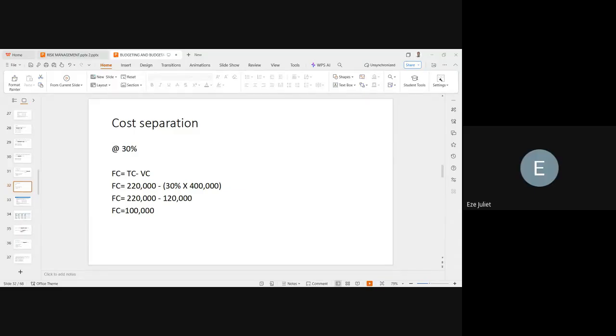It's 100. I said fixed cost equals 220 minus bracket 30% multiplied by 400, which is our 100% production overhead. Okay, very good. So now, if we are all there, can we solve for admin and selling overhead?